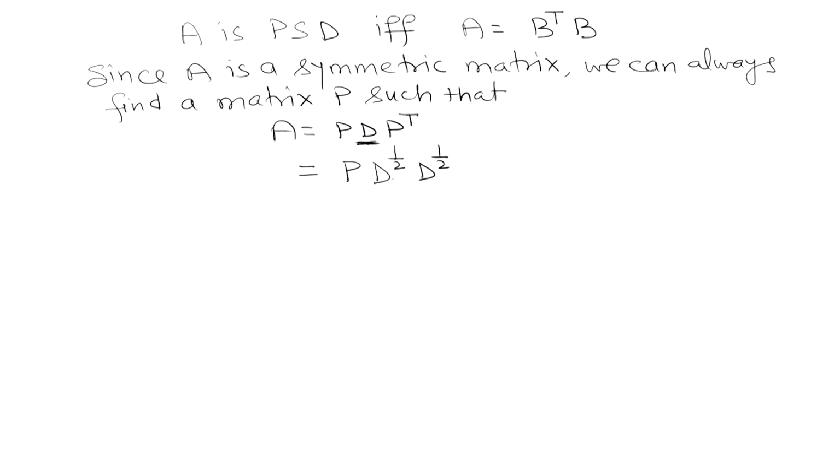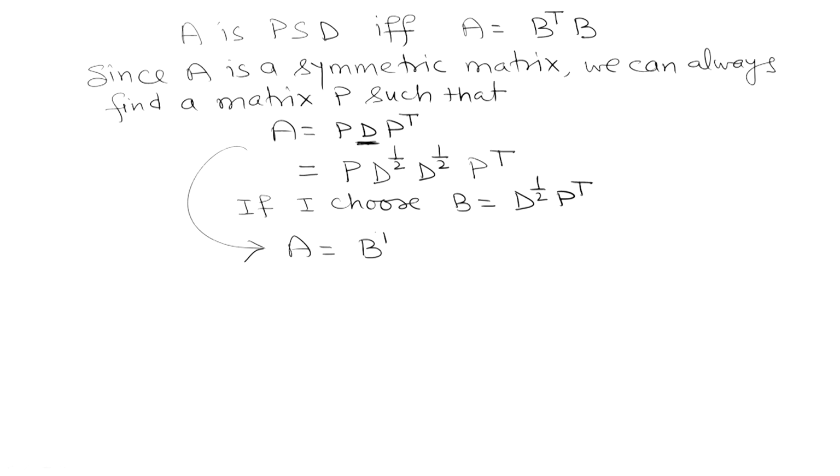So I can write D as D half into D half, where the entries are the square roots of the original D, into P transpose. So if I choose B as D half into P transpose, then from here I can write A equals B transpose into B.